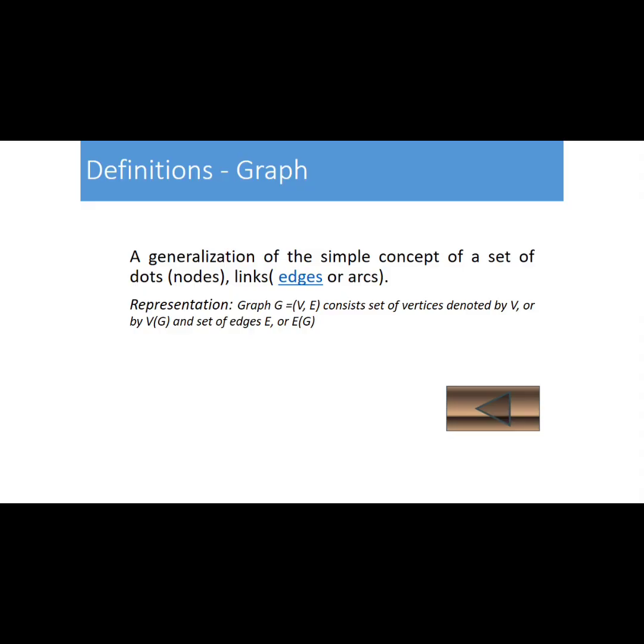A graph G equals (V, E) consists of a set of vertices denoted by V or V of G, where G denotes the graph, and the set of edges E or E of G. That is, a graph G is an ordered triple (V of G, E of G, pi) consisting of a non-empty set V called the set of vertices, that is nodes or points, of the graph G, and E is the set of edges of the graph G, and pi is the mapping from the set of edges E to a set of ordered or unordered pairs of the elements.